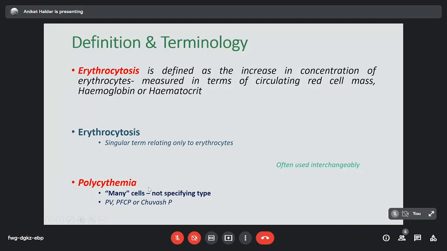Polycythemia is aptly used for the entity polycythemia vera, where there is increase in red cell mass along with increase in total WBC count as well as variable increases in platelet counts. There are also certain entities like primary familial and congenital polycythemia and Chuvash polycythemia, where the term polycythemia is being used, but in these cases there is isolated increase in the red cell mass only.